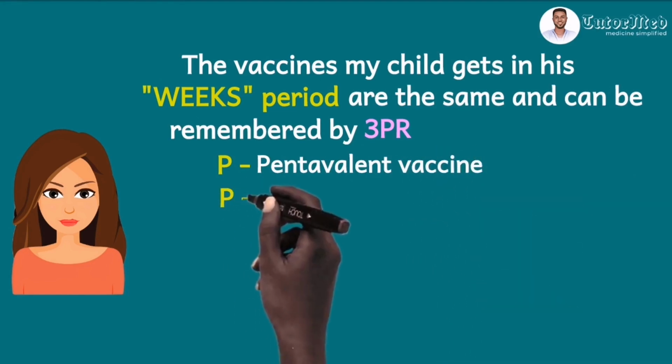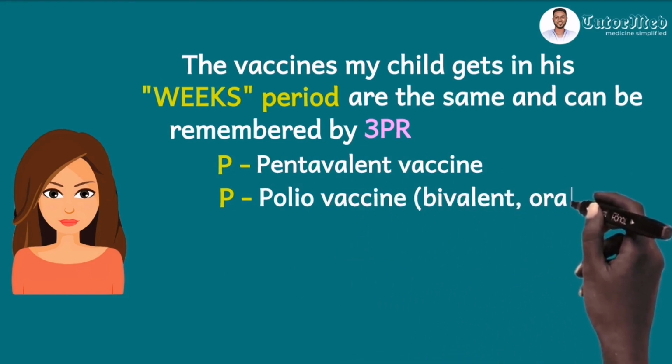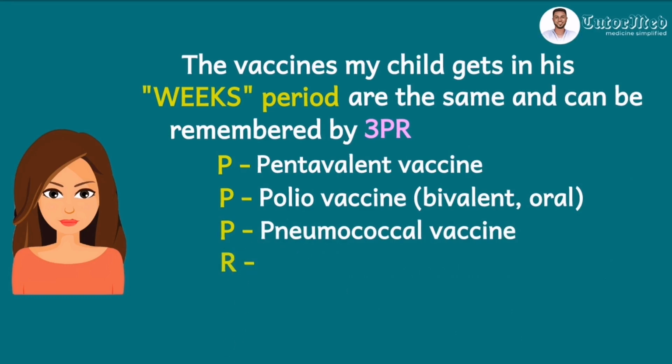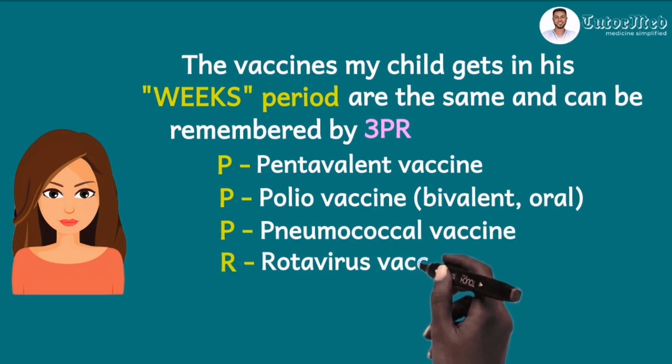Then the next P stands for the polio vaccine. So this is the bivalent oral polio vaccine. Then the third P stands for pneumococcal vaccine.